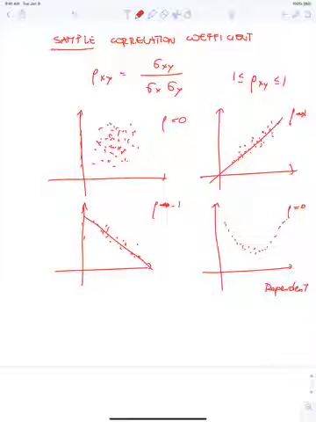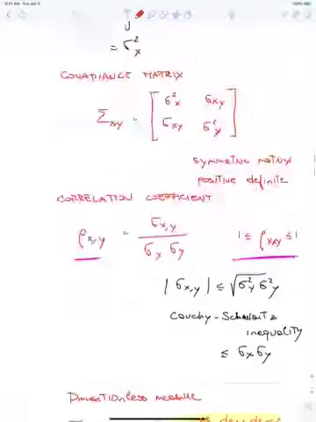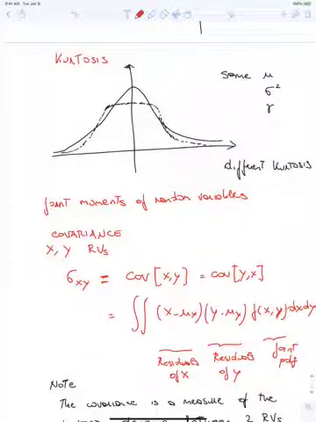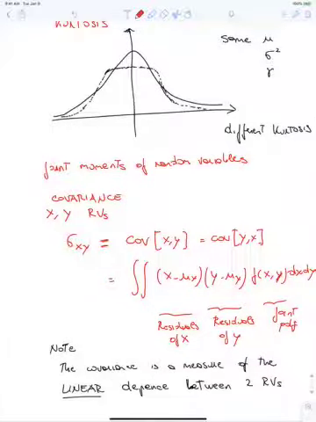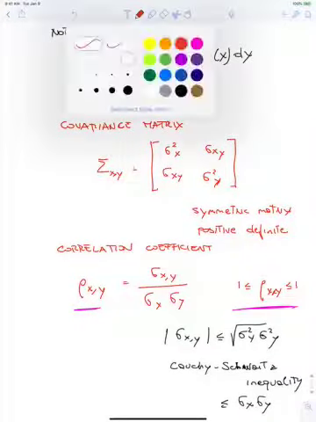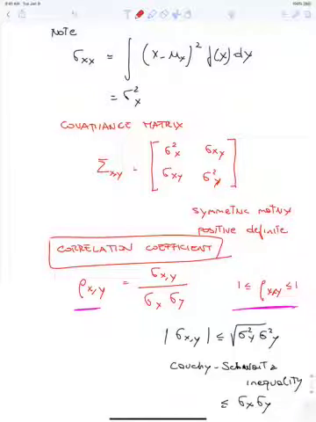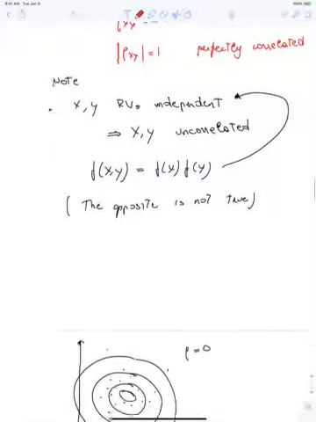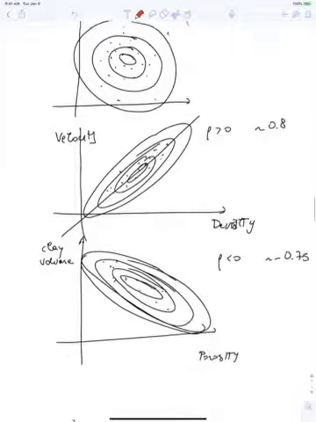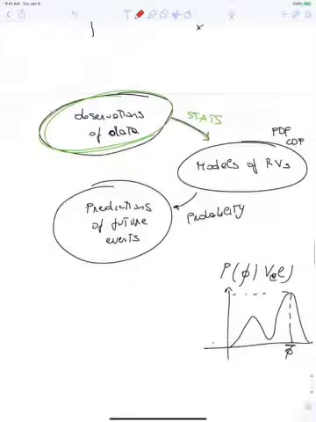So essentially, today what we have seen is the joint moments of random variables, so the covariance and the correlation coefficient. And then we looked at which measures the linear dependence, not any dependence.